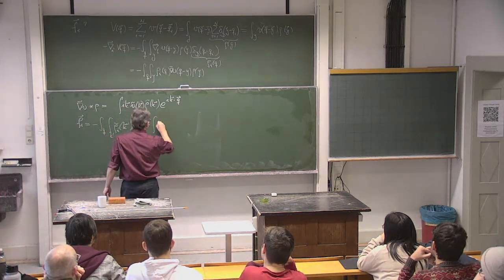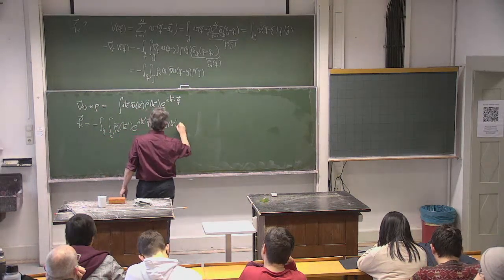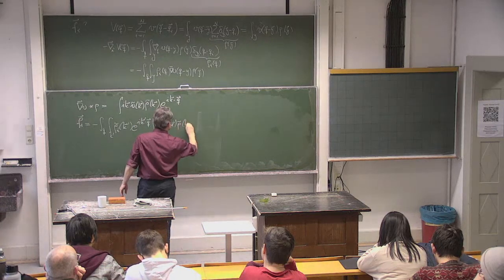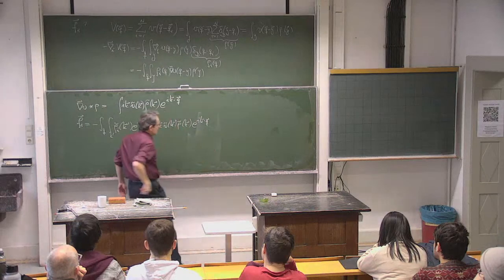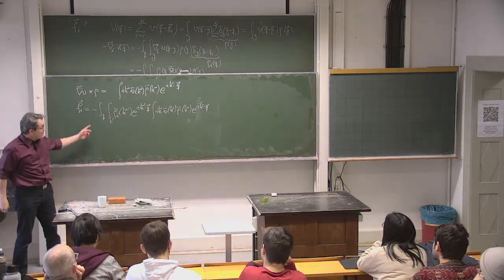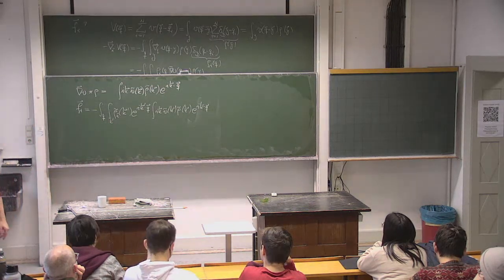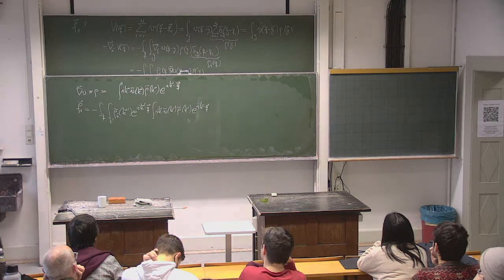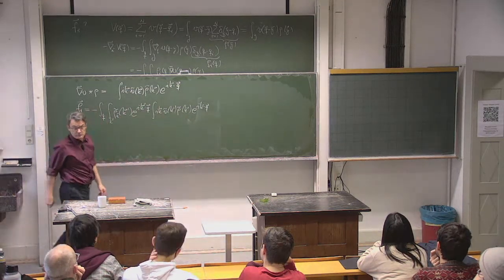So this is going to be integral ik v tilde of k rho tilde of k e to the i k times q. And now you see the q integration has exactly only these phase factors left.